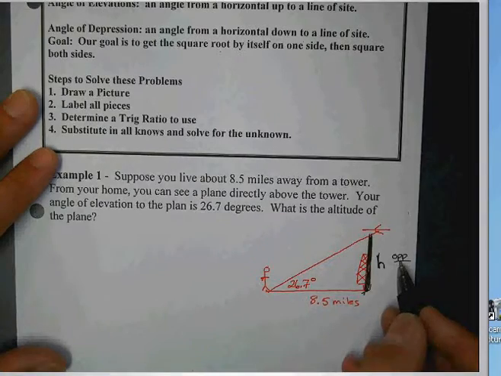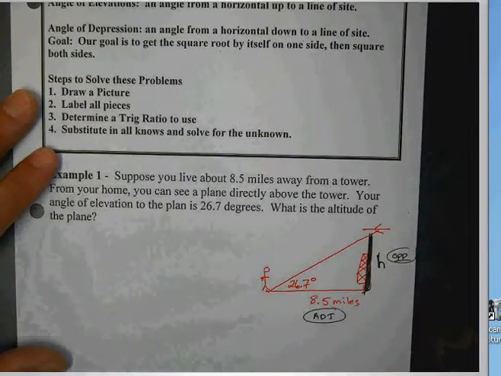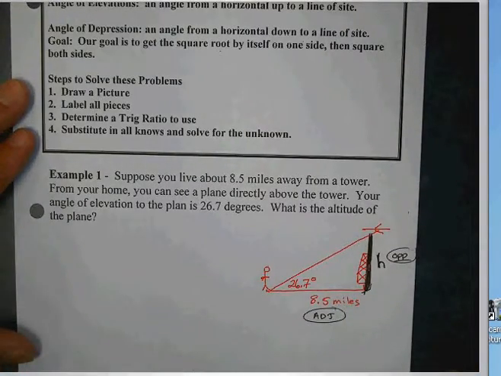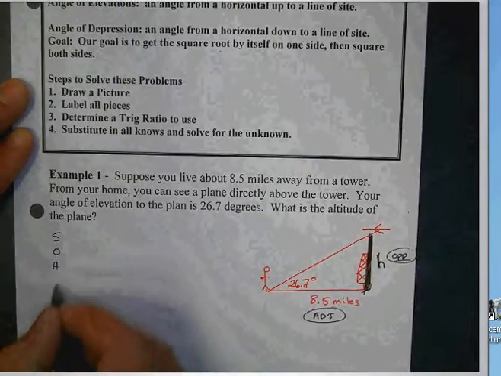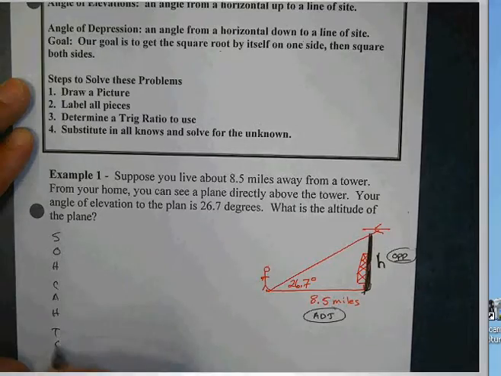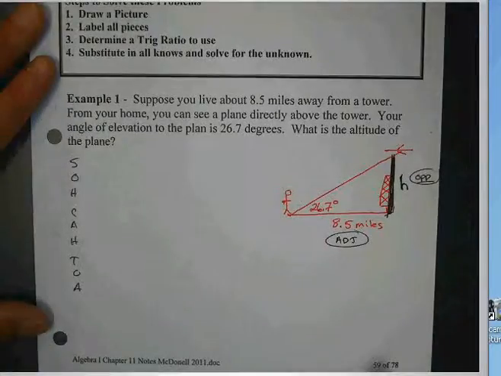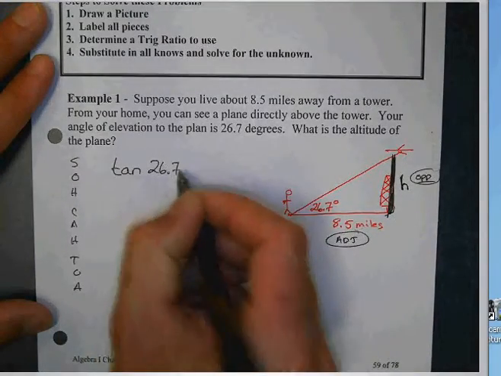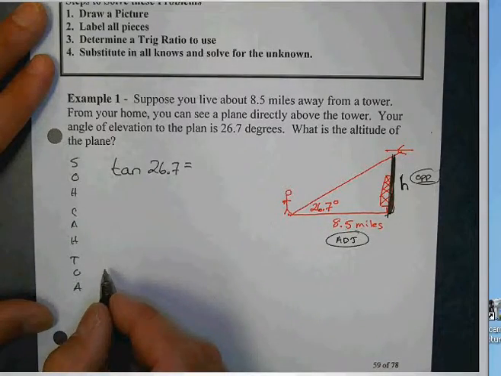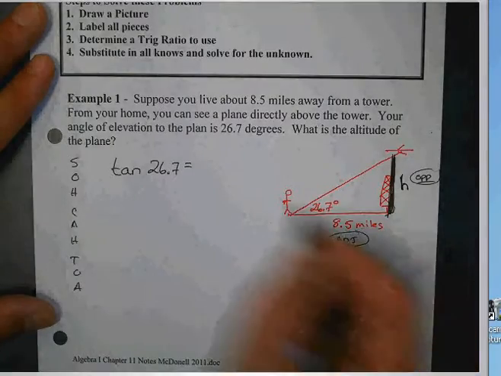That's adjacent. So what trig function uses opposite and adjacent? Okay, if you're not sure, write SOHCAHTOA down the side. SOHCAHTOA, therefore, it's going to be the tangent of 26.7 equals what over what? Opposite over adjacent. So H over 8.5.